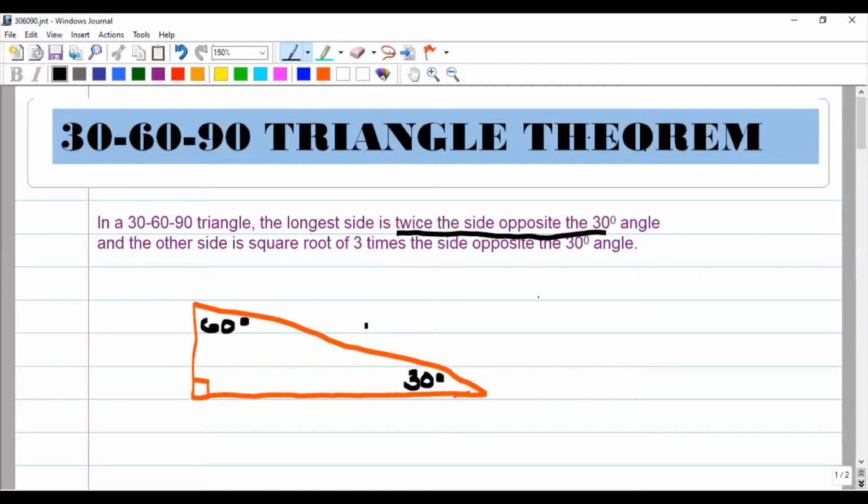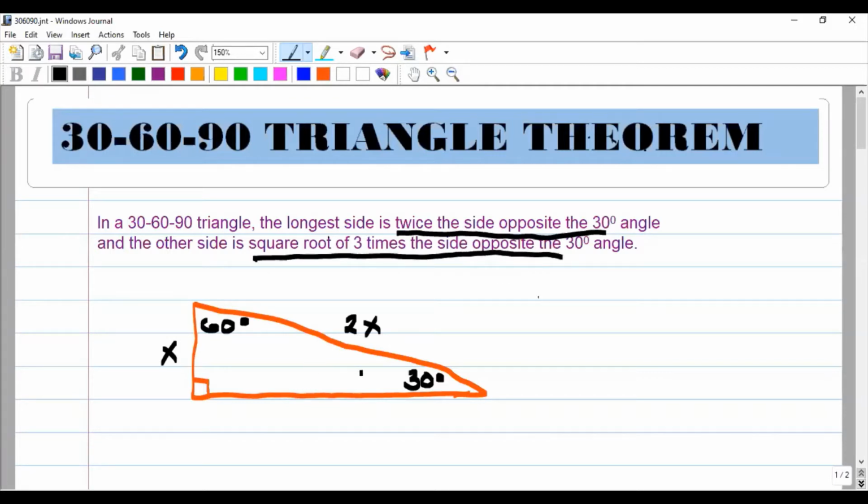So we can assign the length of the side opposite our 30-degree angle as x, so that we can represent our longest side as 2x. And the other side is square root of 3 times the side opposite the 30-degree angle.